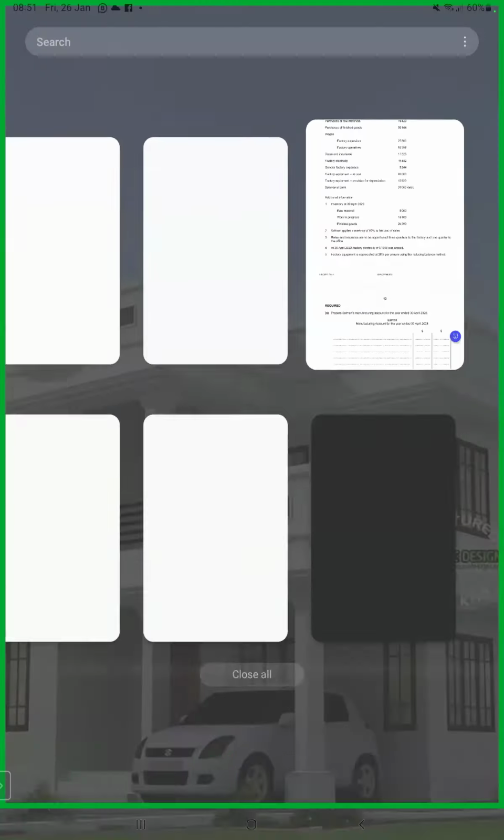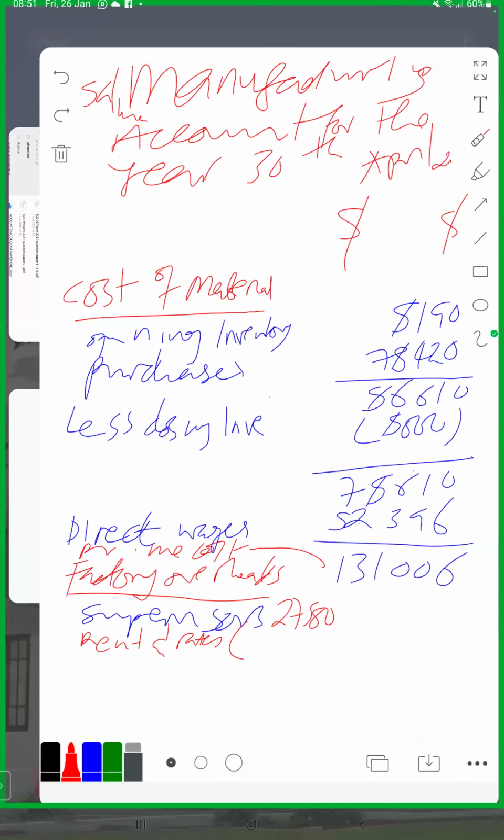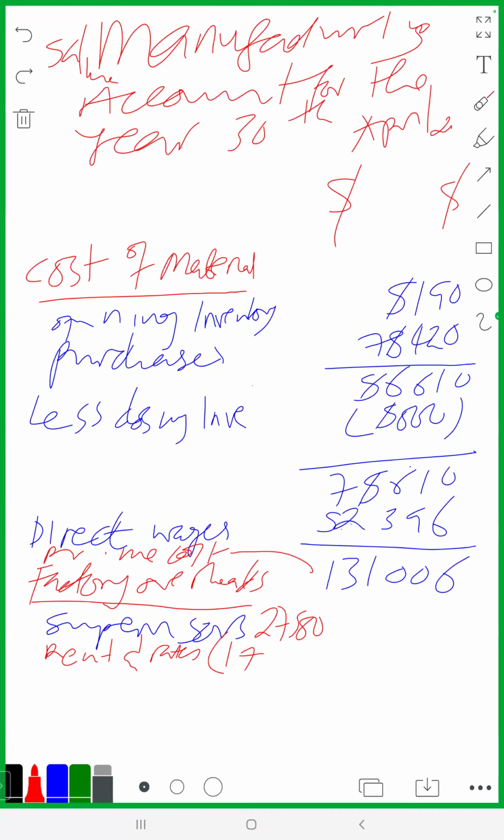So you do 17,528 times the 75%. What that gives you is 13,146.